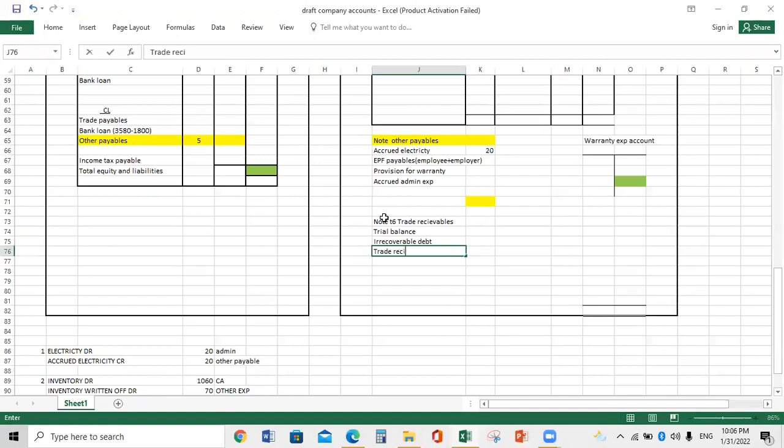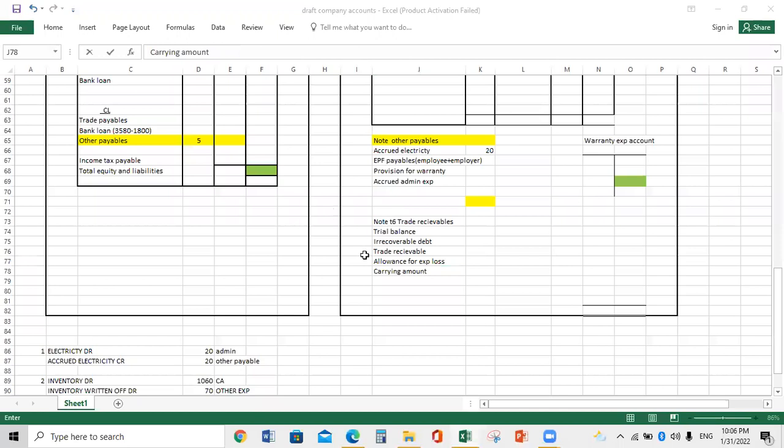From that, to find the carrying amount, you have to deduct the allowance for expected loss. Then you will get the carrying amount of your trade receivable.